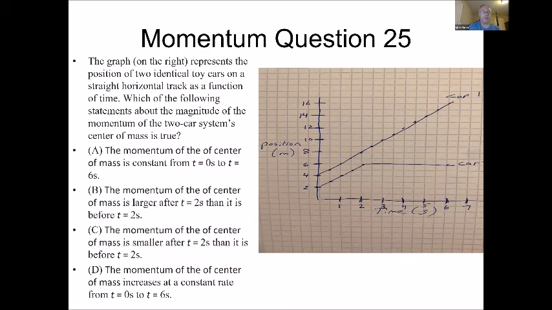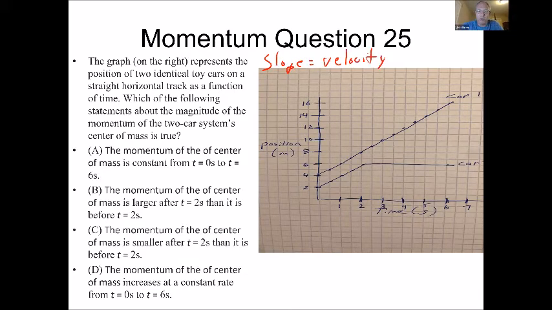The graph on the right represents the position of two identical toy cars on a straight horizontal track as a function of time. Which of the following statements about the magnitude of the momentum of the two-car system's center of mass is true? Well, notice this is a position-time graph, which means the slope is velocity.